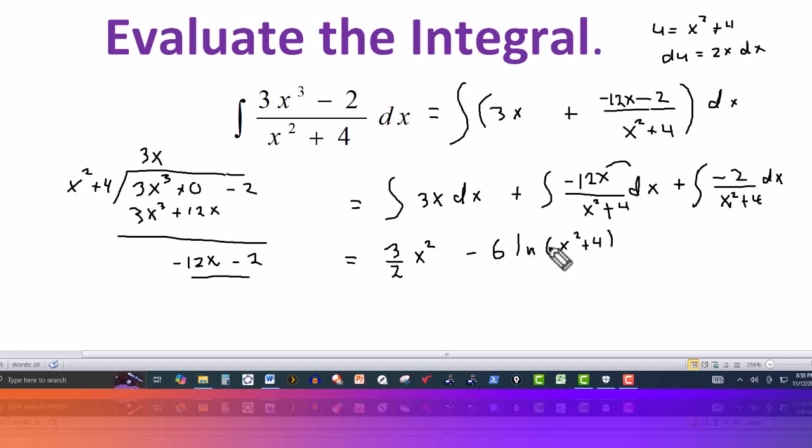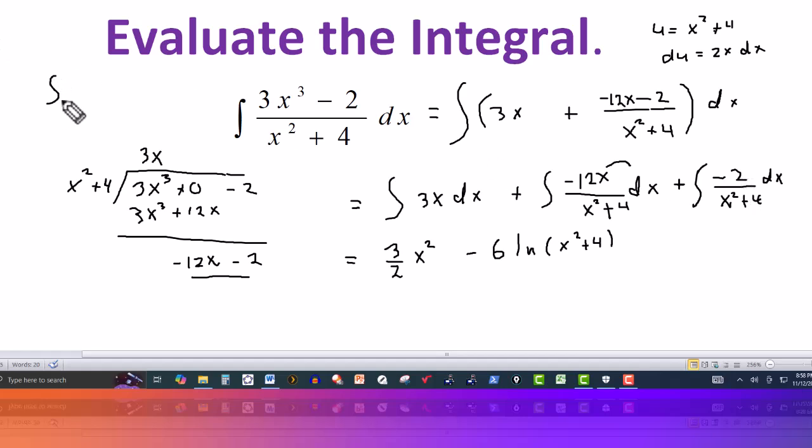And notice you can easily check this because the derivative of this would be x squared plus 4 in the denominator, and then the derivative of x squared plus 4 in the numerator, that would be 2x. But I have a minus 6 here, so it gives me a minus 12x. That one checks out.